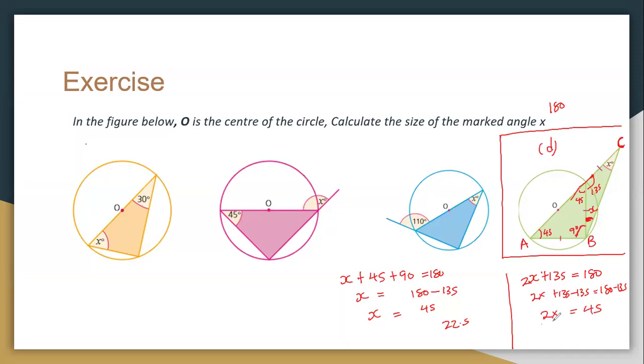Then you divide both sides by 2 to give you 22.5. Okay. Thank you. That is correct.